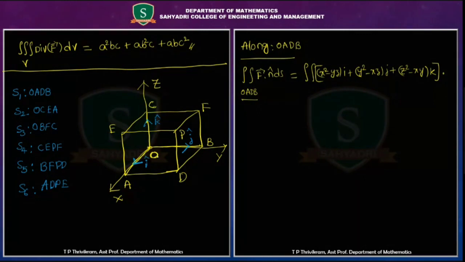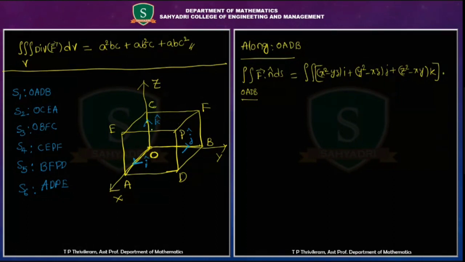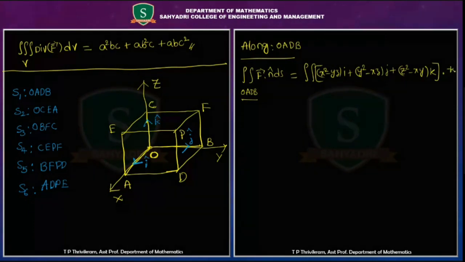So in the XY plane, what is the perpendicular vector? You'll get k, right? But k is moving away from the surface, so I have to take minus k here. So direction is also included here.